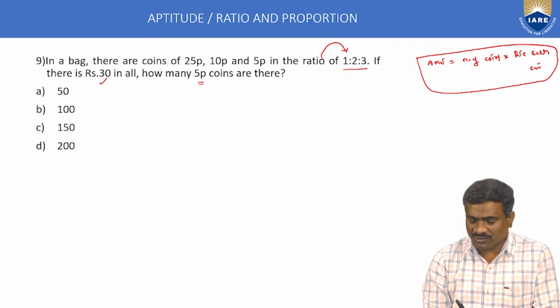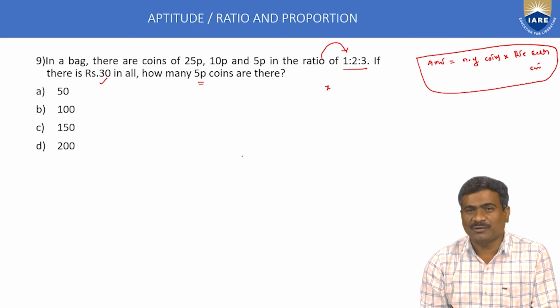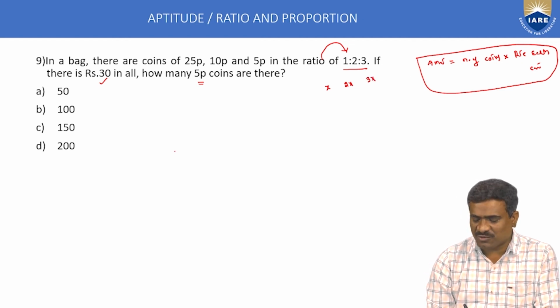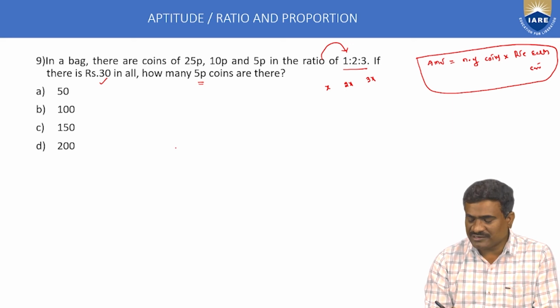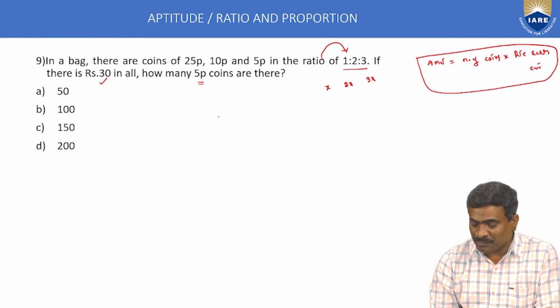Next, find out 25 paisa coins, 10 paisa coins, 5 paisa coins. The 25 paisa coins, consider variable x. 10 paisa coins 2x, 5 paisa coins 3x. Amount is equal to number of coins into rate for each coin. First one, number of coins, x coins.